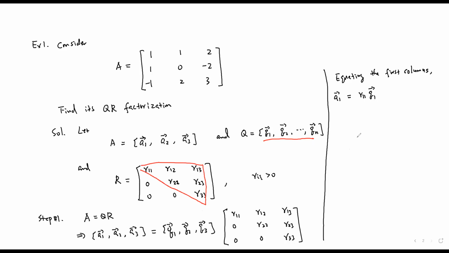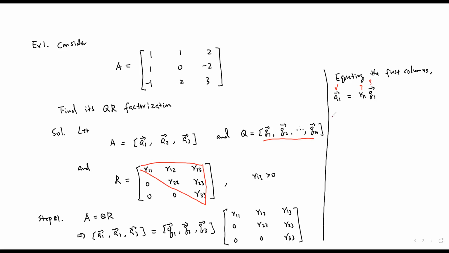Now at this point, what I know is A1. I know A1, but I don't know R11 and I don't know Q1. I want to find R11 and Q1. How? Use the properties of the columns of Q. The columns are unit columns.